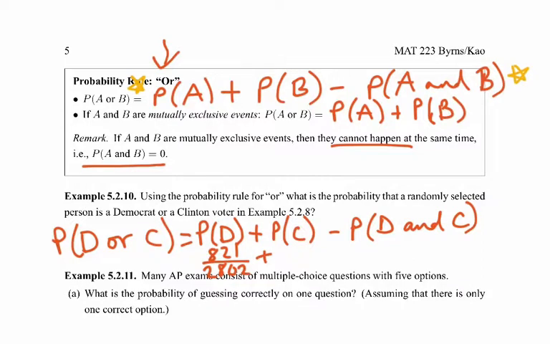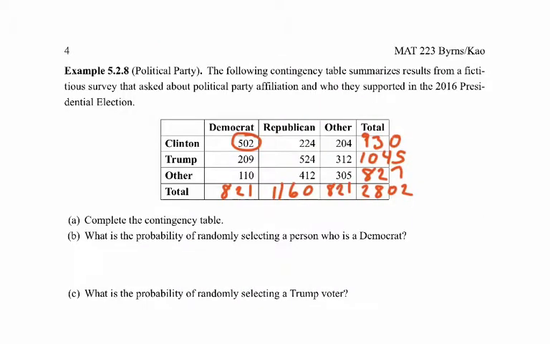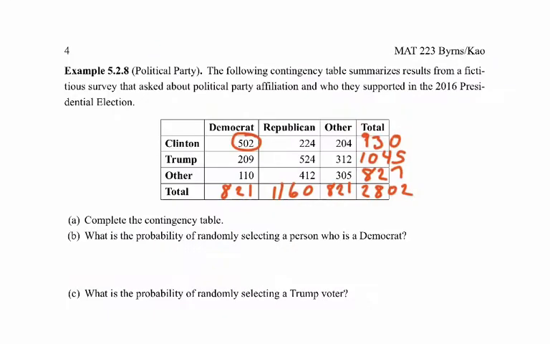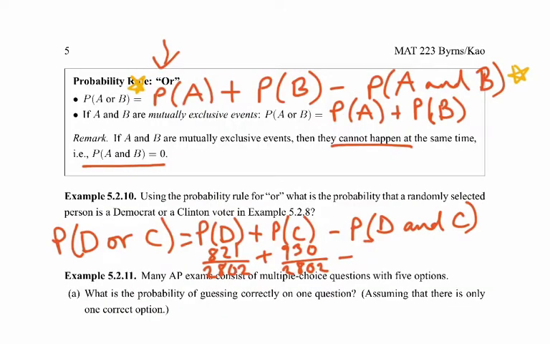The probability that somebody is a Clinton voter, look at the row for the Clinton voters, that's 930 out of the total 2802, minus the overlap, which is 502 out of 2802. And if we crunch those numbers, I get a final probability of 1249 out of 2802.